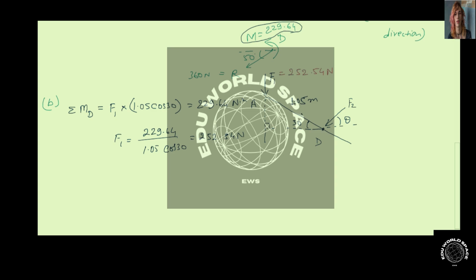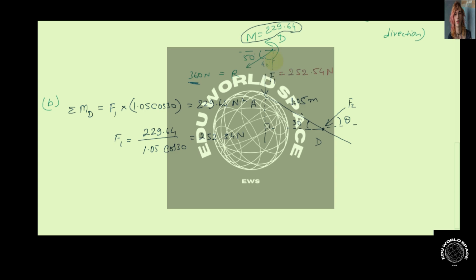So now we can apply the force balance. We have calculated above that the equivalent force at point D, as we can see here, was 360 Newton. If we convert it into j cap and i cap components, this angle was 40 degree.